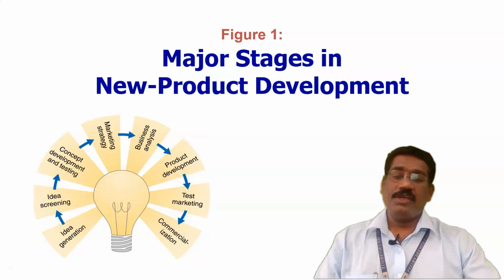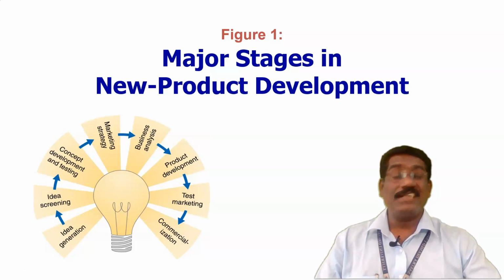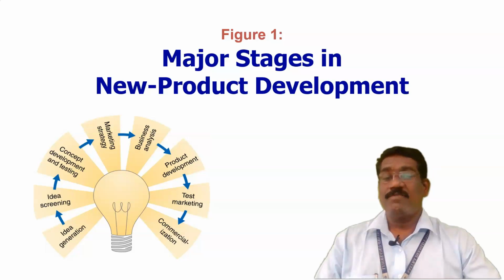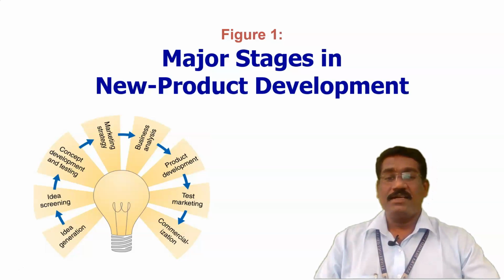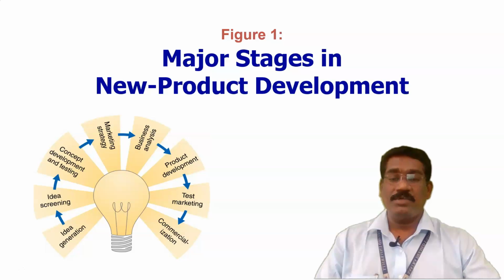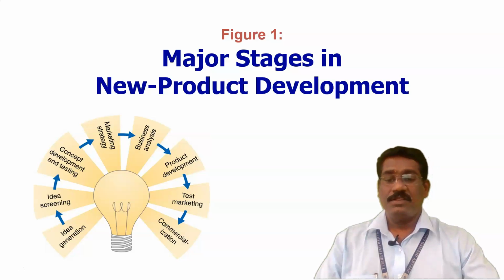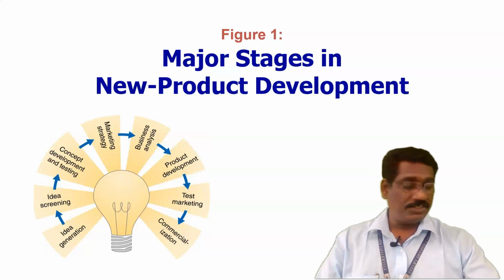Once we are okay with product development, we try to test the market. We choose some commercial markets and test the product in that specific market. Once the product is successful in that test market, we commercialize and take that product across the nation. That is called commercialization.